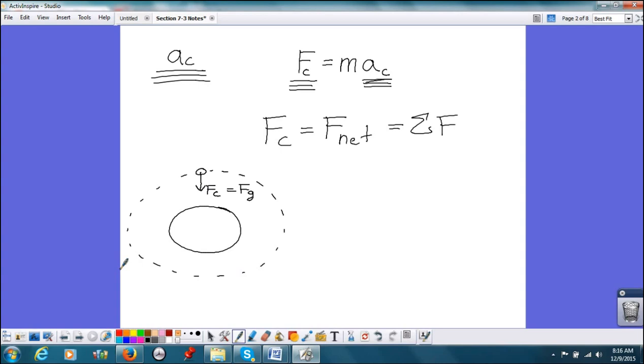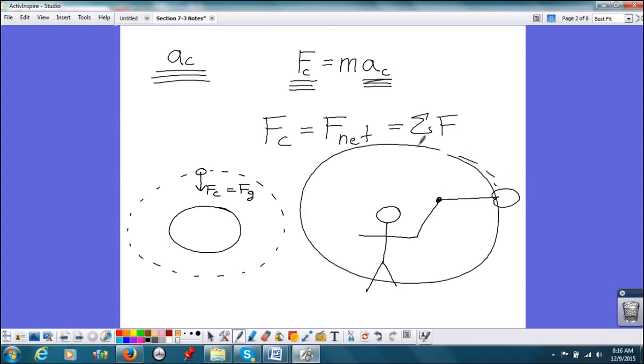Okay? Another example. Let's say that you're playing tetherball and the rope breaks, okay? And you decide to take that rope, and the tetherball's on the end of it, and you're going to swing that around your head just in a circle for fun, okay? So what is keeping this tetherball going around in a circle above your head?